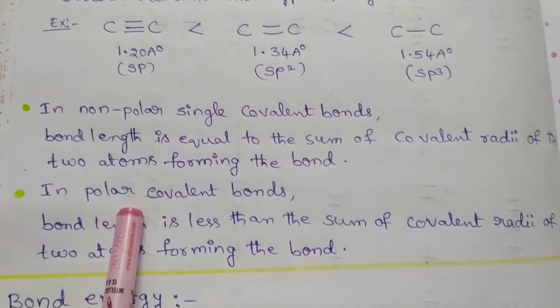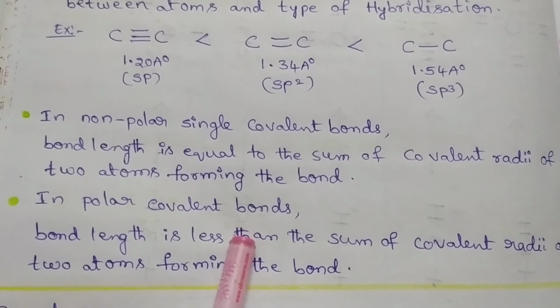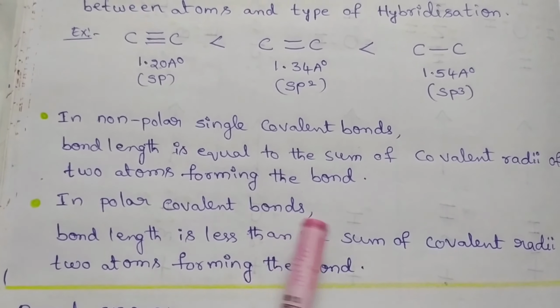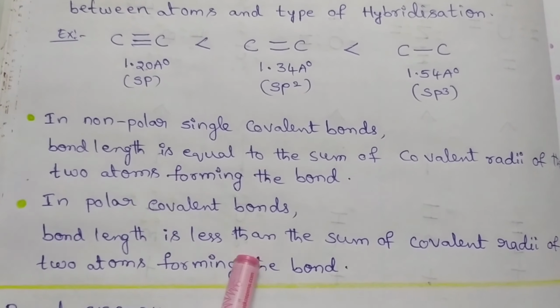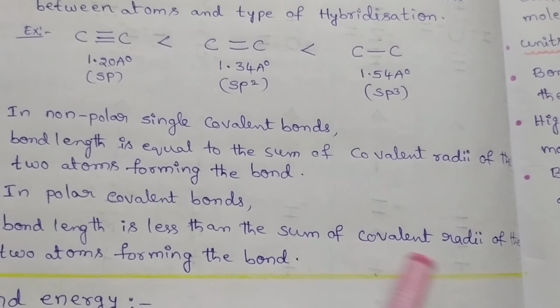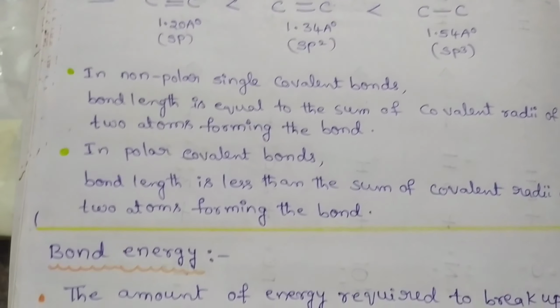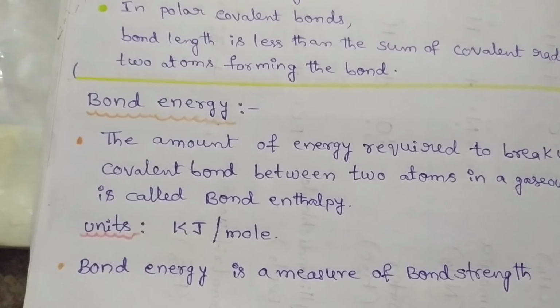In polar covalent bonds like water molecule, ammonia, methane, etc., the bond length is less than the sum of covalent radii of the two atoms forming the bond.